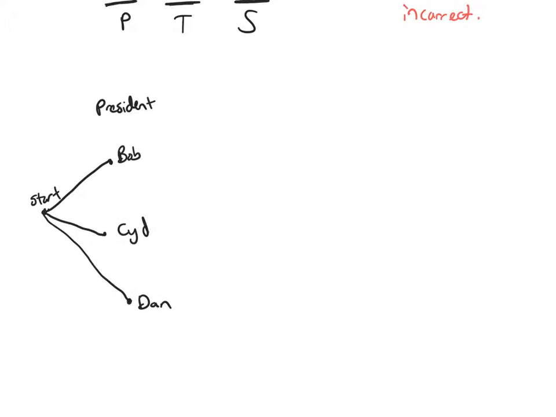All right, now let's move on to the position of treasurer. Here, after Bob, there are 3 possibilities for treasurer, which are Ann, Sid, or Dan.